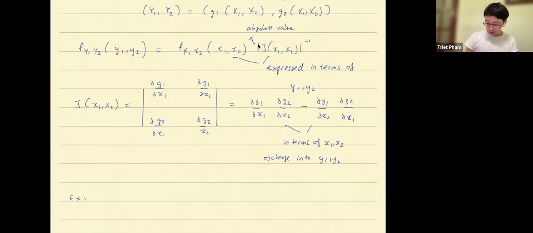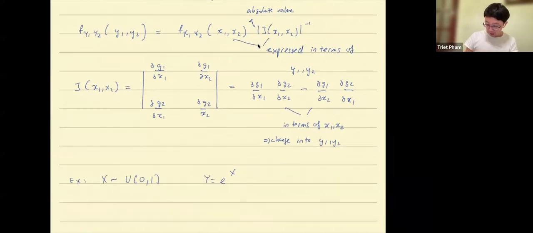So let's take a look at the one-dimensional case. The formula reads: the density of Y will be the density of X times the Jacobian.